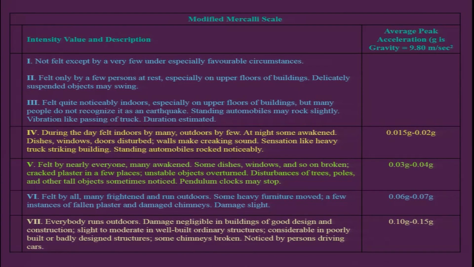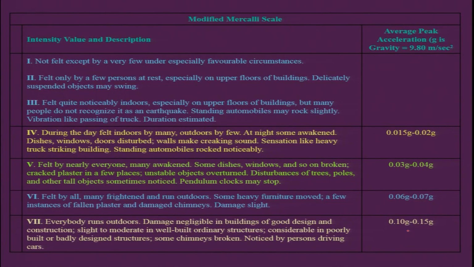If you look at the comparison with the modified Mercalli scale, the intensity has been given here, and the details which we have already discussed for different intensities, and the expected ground acceleration has been listed here.